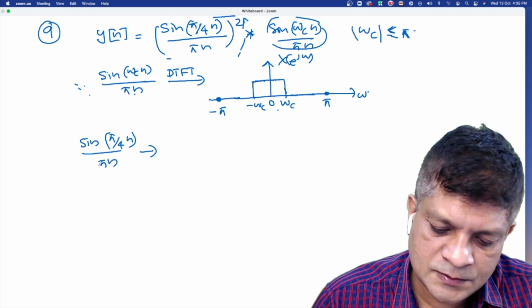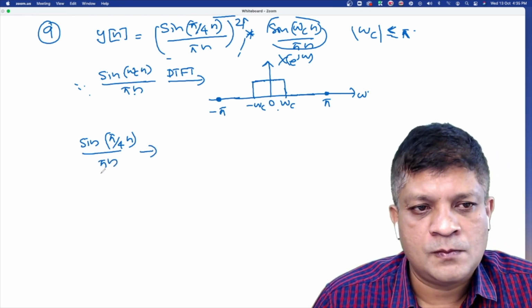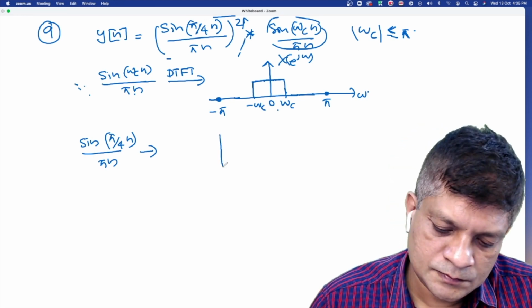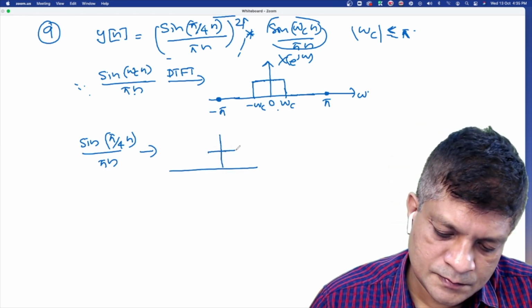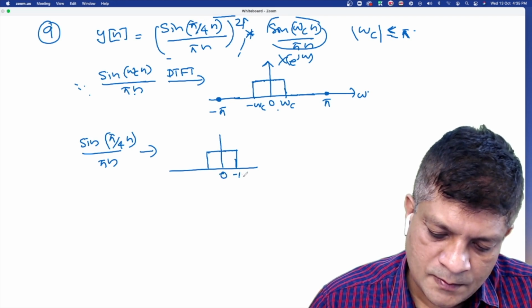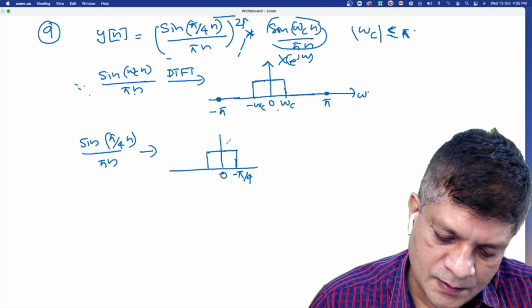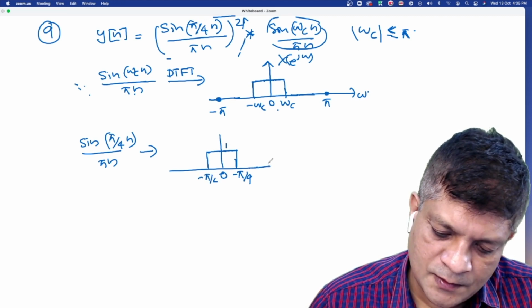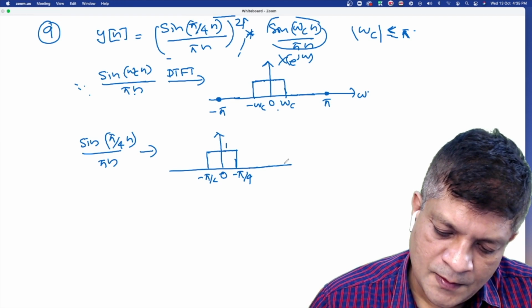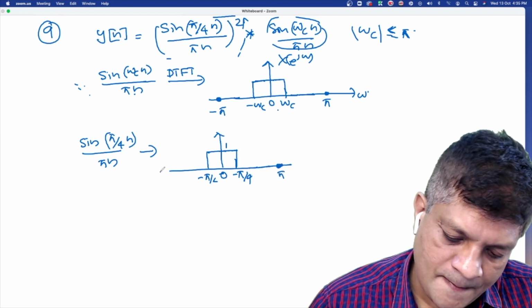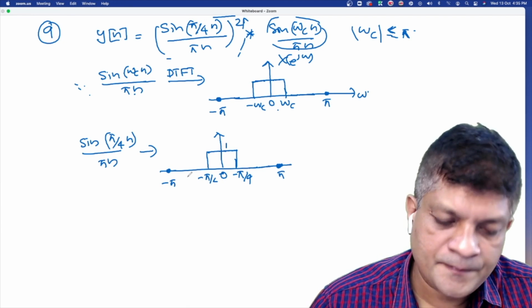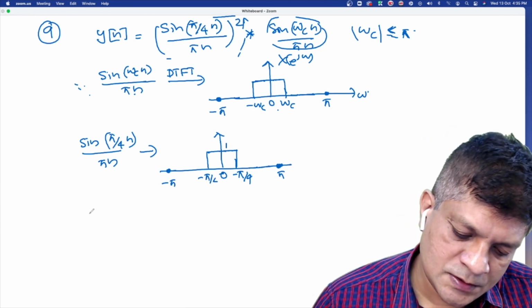It is the rectangular signal from minus pi by 4 to pi by 4, with height 1, within minus pi to pi.